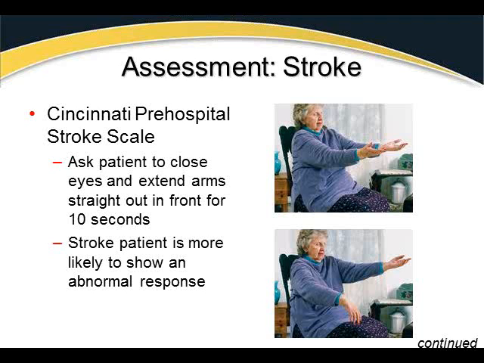But if they close their eyes, they don't realize that the one arm flipped back over and is now going back down. So close your eyes, hold your arms out in front of you, and put your palms up, and have them do that for 10 seconds. Somebody having a stroke most likely will show the same result as shown here on the screen.